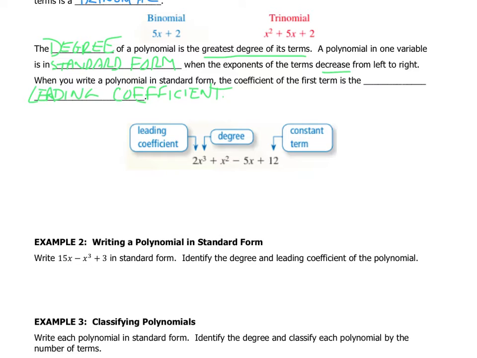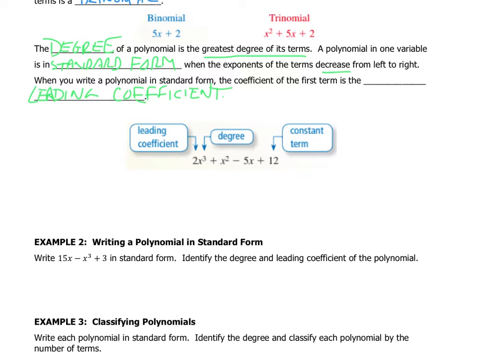So let's first do writing a polynomial in standard form. If I see 15x minus x to the third plus 3 in standard form, what I would first do is look at my separate monomials to figure out which one has the highest degree. 15x is to the first degree. x to the third is to the third degree.